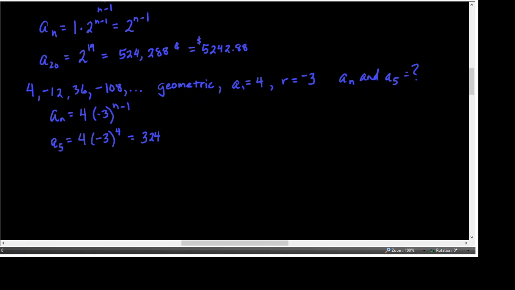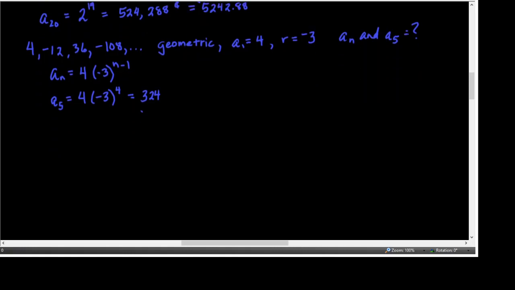Now we could have gotten the fifth term by following the pattern, taking negative 108 times r, which is negative 3, and gotten the same answer. And of course that's not really the point on this one, because I could have asked you for the 15th term or the 50th term, and you certainly would not want to find all of the ones in between.